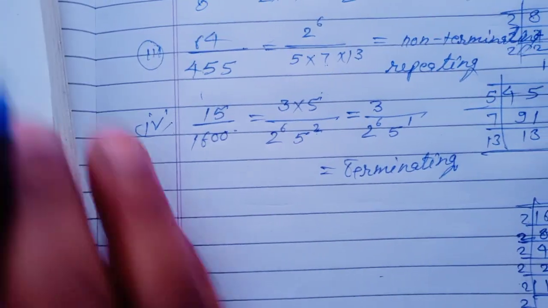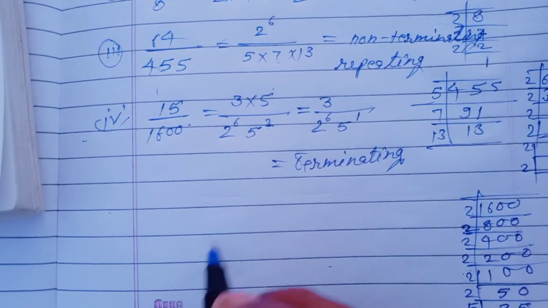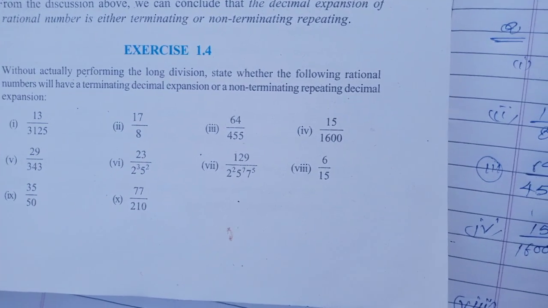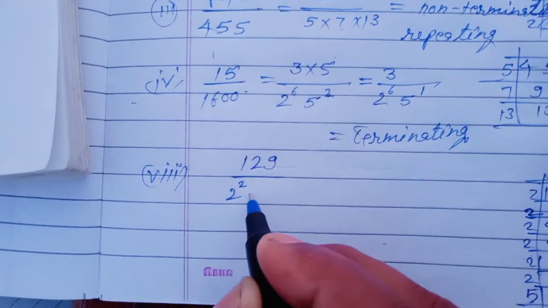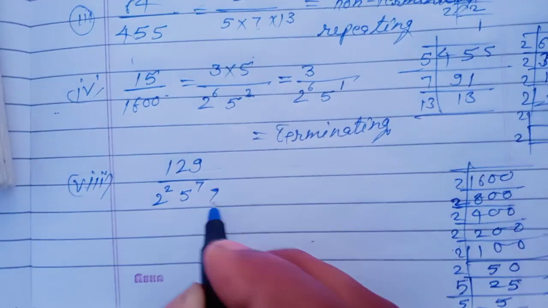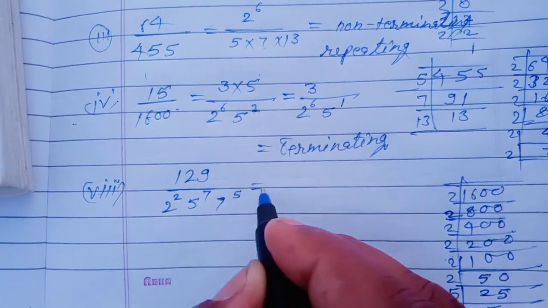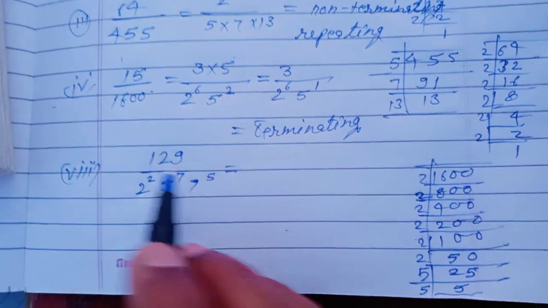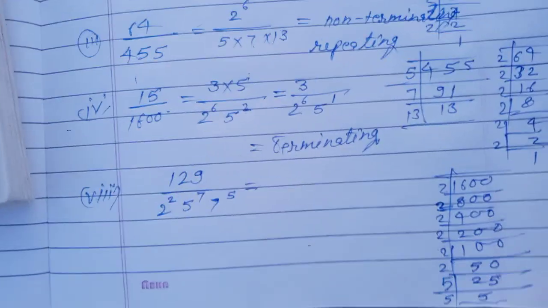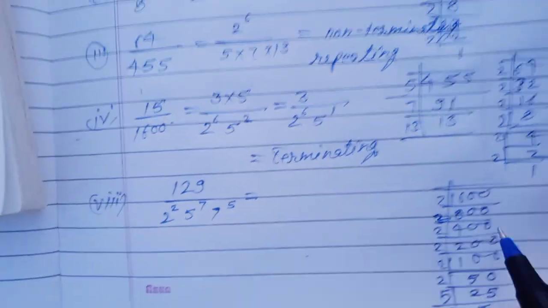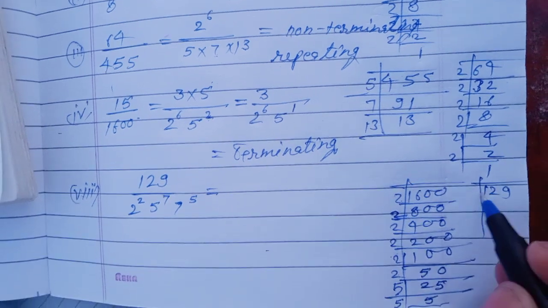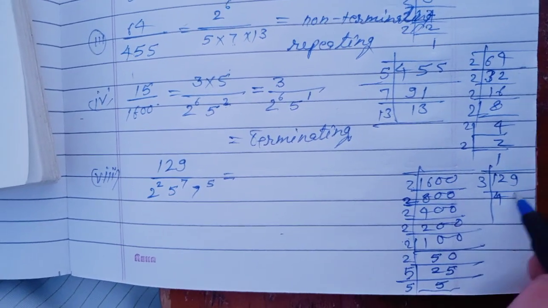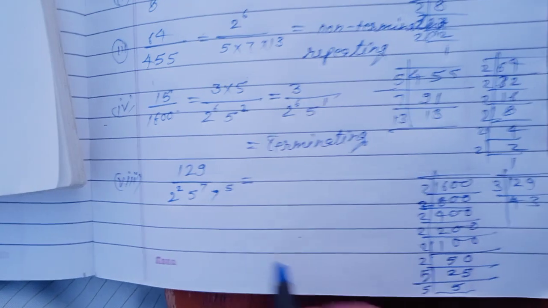Okay, let us see one more question. 8th, 129 upon 2 power 2, 5 power 7, 7 power 5. First find the prime factors of 129. 129 is divisible by 3. 3 fours are 12, 3 threes are 9, and 43 is a prime number.